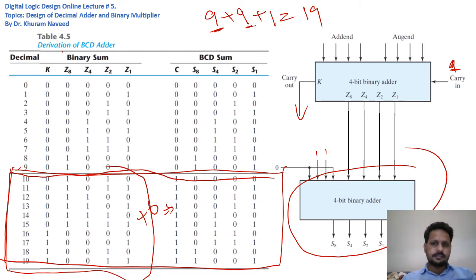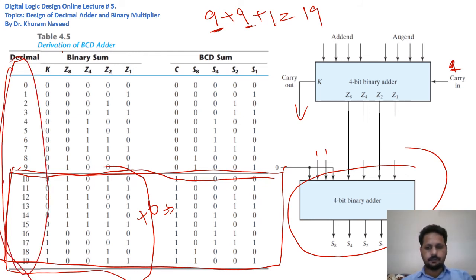It means the sum of two BCD digits will be less than or equal to 19. This is why we have listed here the possibilities of 19 sums, right?